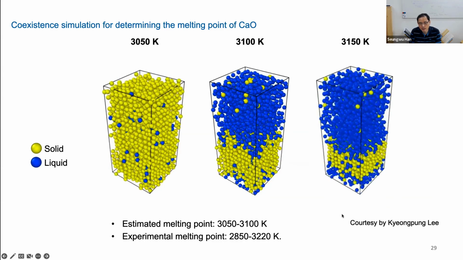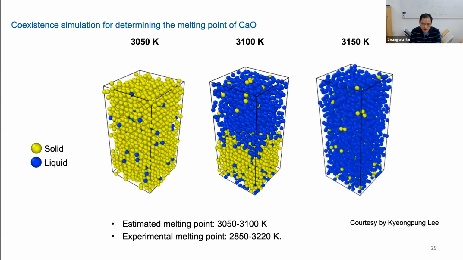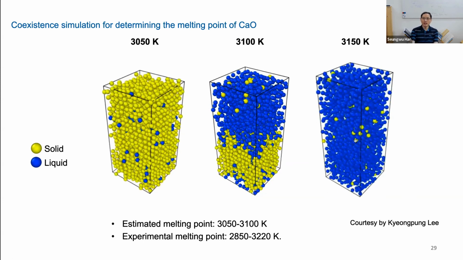Then now the liquid wins, meaning that at this temperature, the free energy of the liquid is lower than the solid. Okay, and then we decrease by 50 Kelvin, and now simulate at 3100 Kelvin.